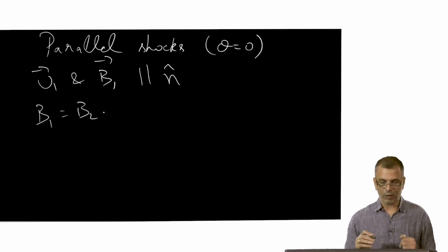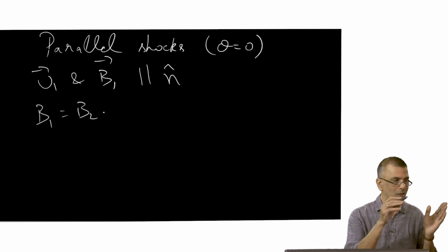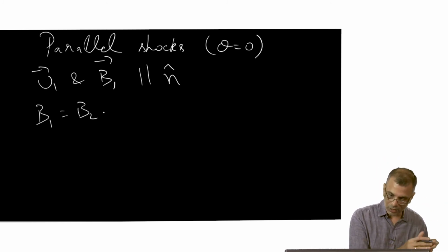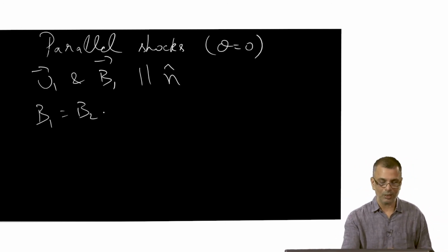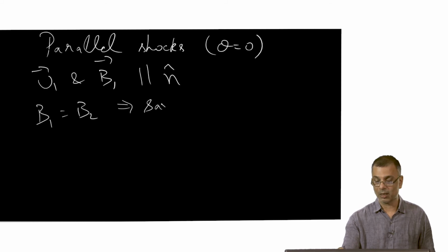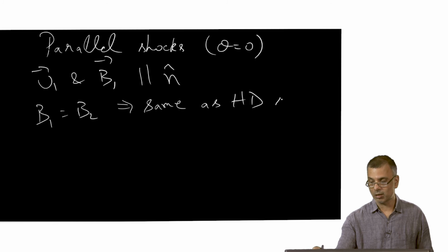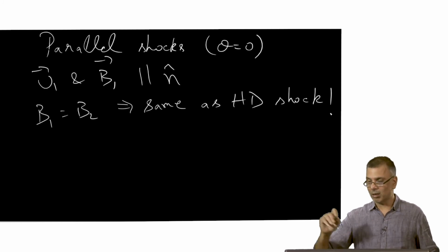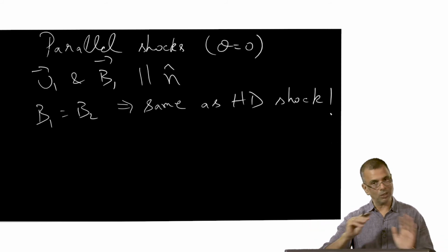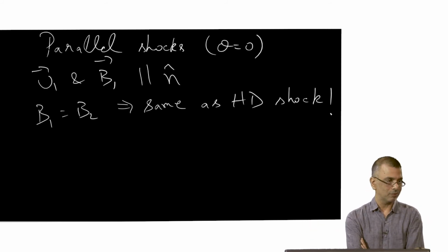If the magnetic field is parallel to the shock velocity and is constant in front of the shock as well as behind the shock, then this becomes the same as a hydrodynamic shock. So this is comforting. Everything that we've done for hydrodynamic shocks remains valid here too.